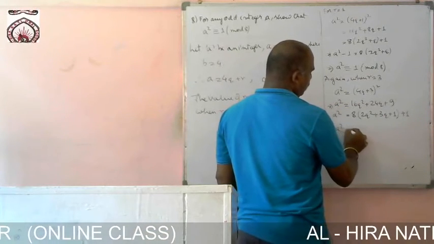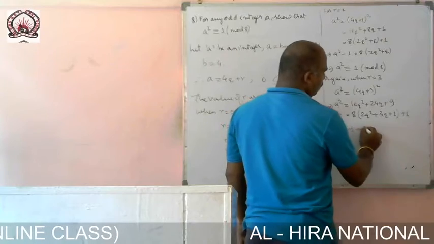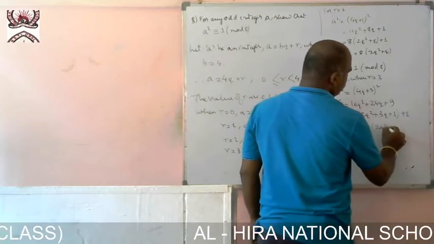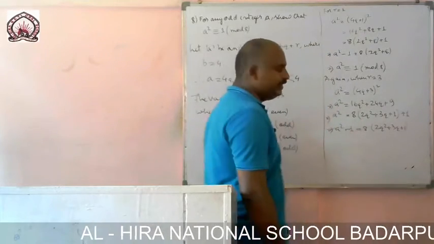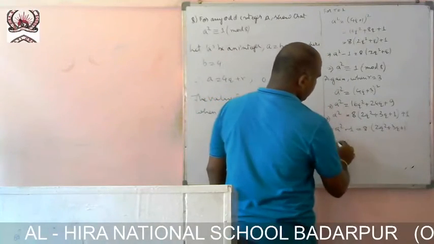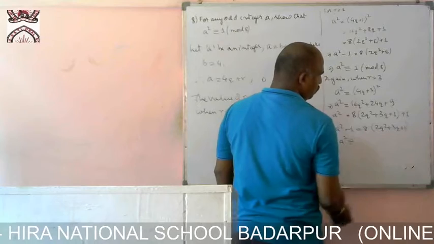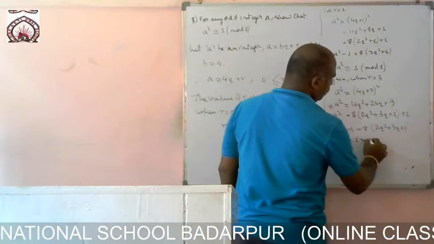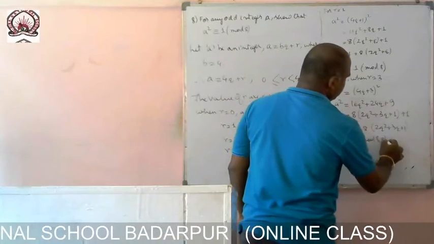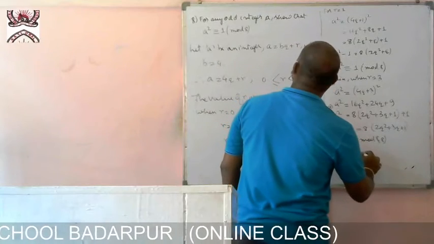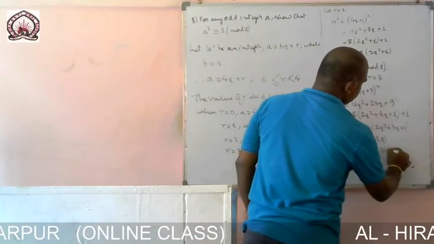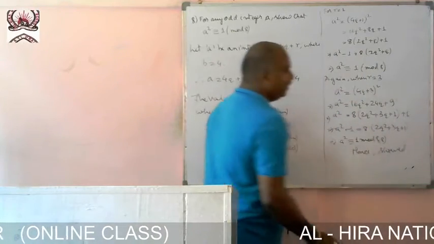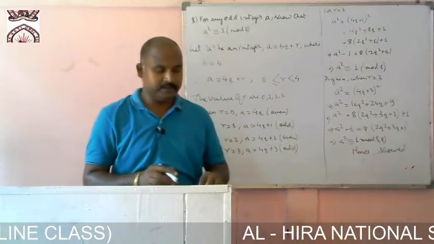Now a square minus 1 equal to 8 into (2q square plus 3q plus 1). This will give an integer. So a square is congruent to 1 mod 8. Okay. So hence showed.